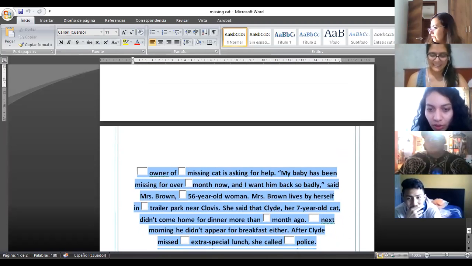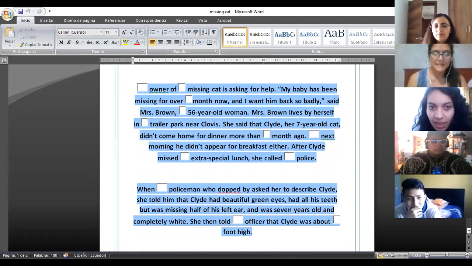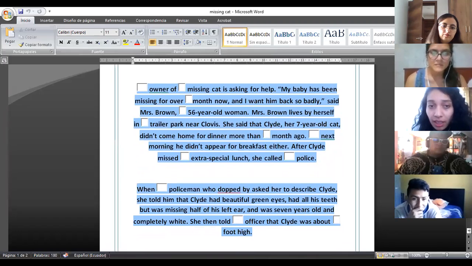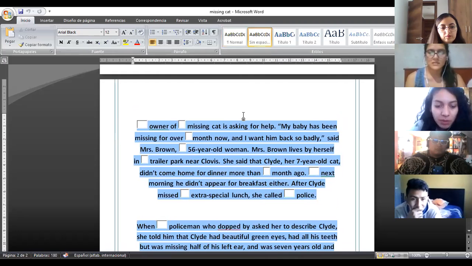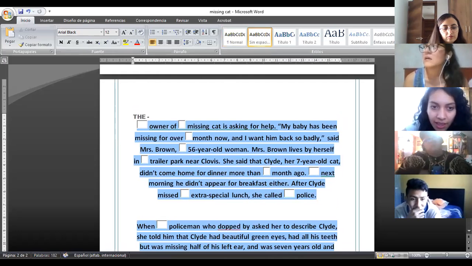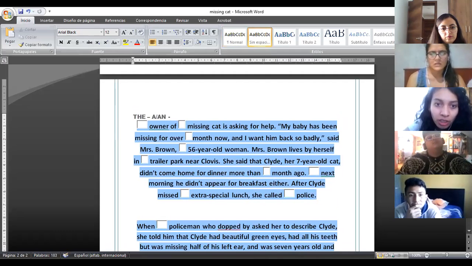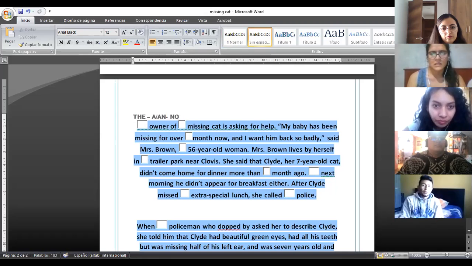And what we're gonna do is complete this with the articles. So remember that we have three options. Tenemos tres opciones. The, a or an, or no article. These are the three options.